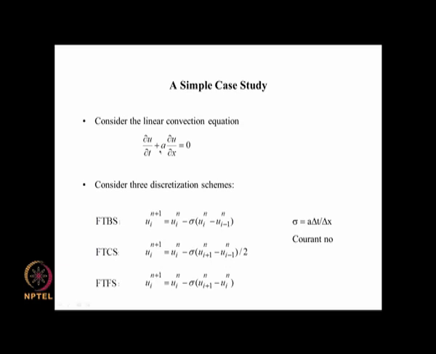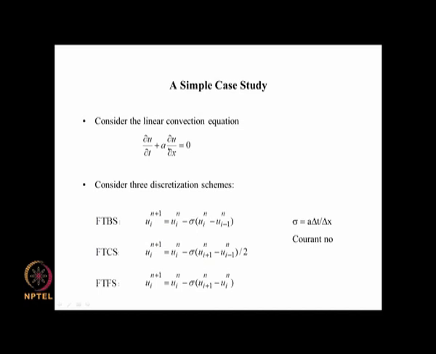So if the discretization of this equation is consistent, so for example, if the FTBS equation is a consistent discretization scheme, then that means that the difference between this equation and this equation, which is essentially arising from the truncation errors, from the approximations that you have made in taking the first two terms in the Taylor series expansion of this gradient, and similarly the truncation error that you made in this.